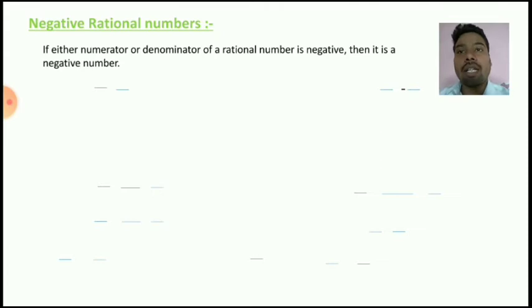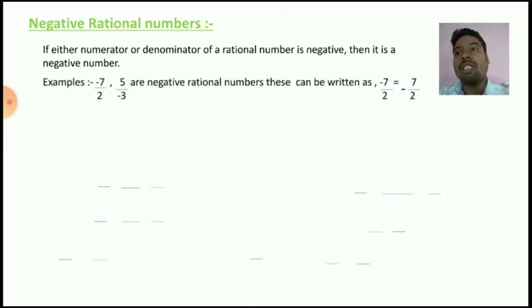So next is the negative rational numbers. Negative rational numbers means if either the numerator or the denominator of a rational number is negative, then it is a negative rational number. So here are some examples: minus 7 divided by 2, 5 divided by minus 3 are negative rational numbers.